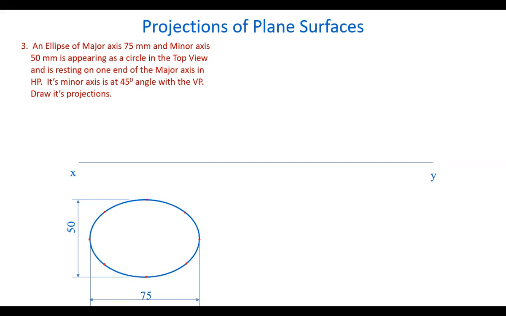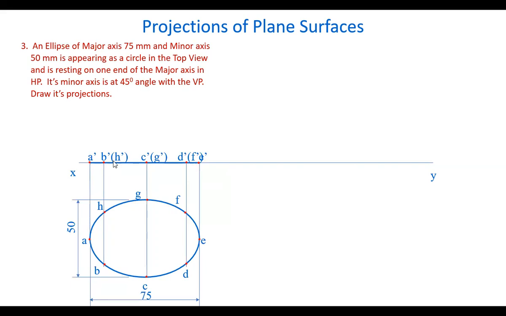And let's take points on the surface, A, B, C, D, E, like this. All the points are marked. Let's draw the front view here by drawing the projectors. All these points are marked as A dash, B dash, like this in the front view.